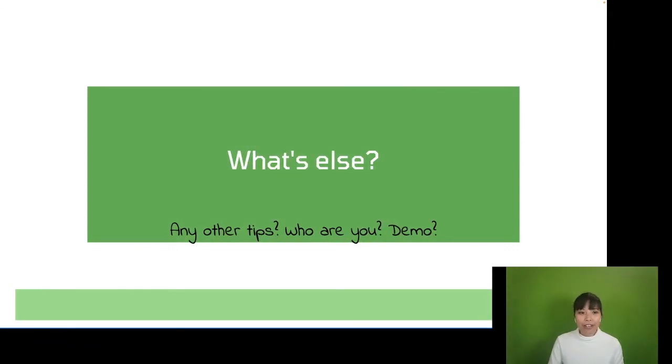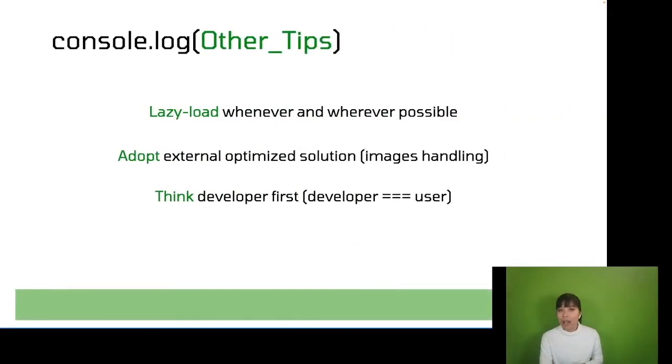Okay, and before we finish, any other tips? Yeah, some other tips, such as lazy loading, whenever you need it. If someone else has a solution that is better or faster than what you would take to solve a problem, let them use it. For example, image handling.